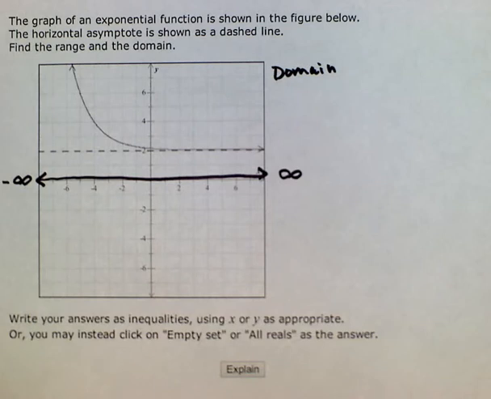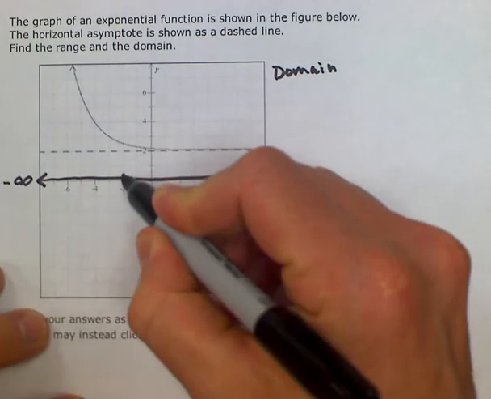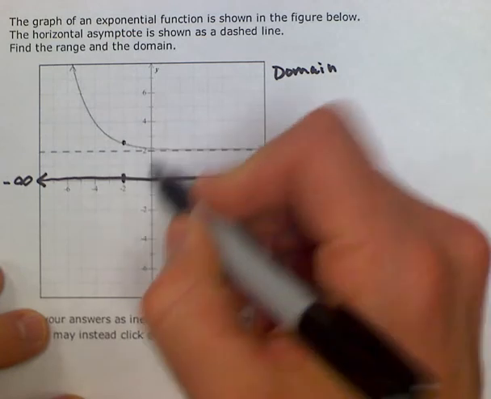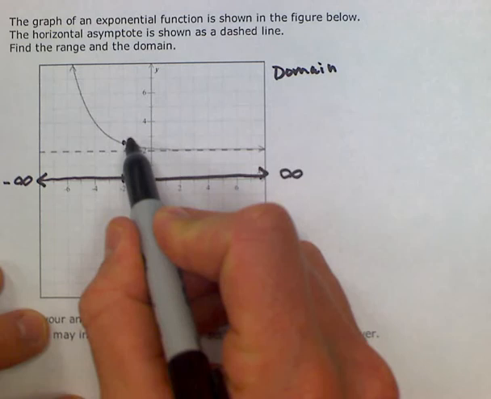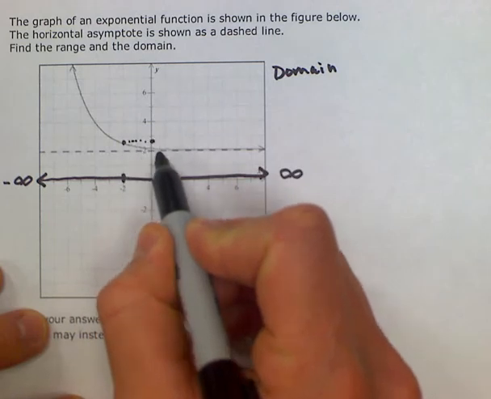So for example, if I have negative 2, I go up and I see the graph hits at this point at x equals negative 2. My corresponding y value then would be here in between 2 and 3.